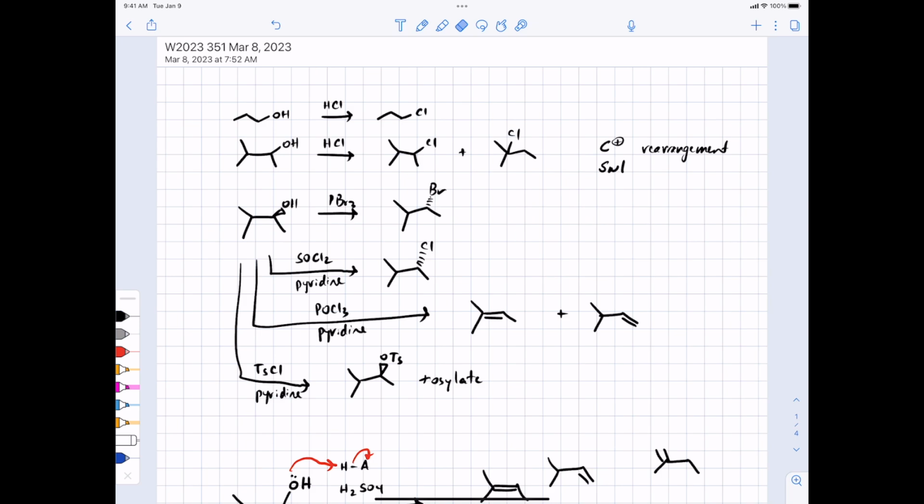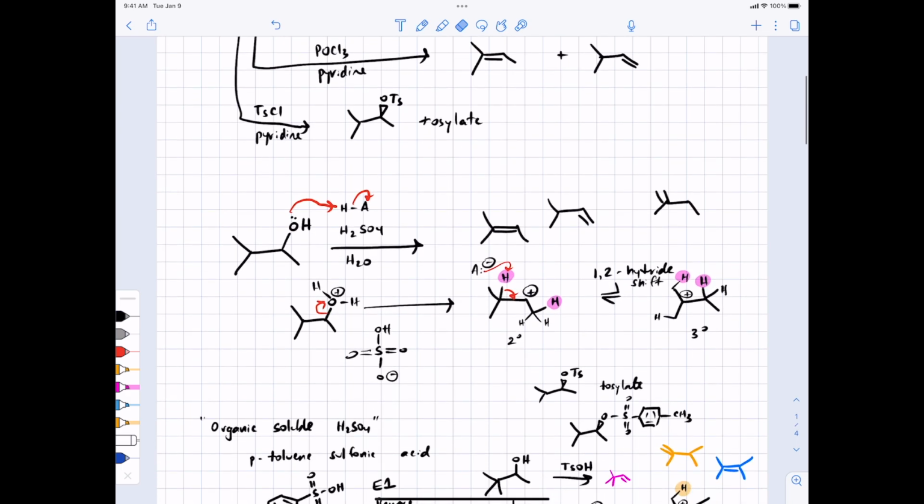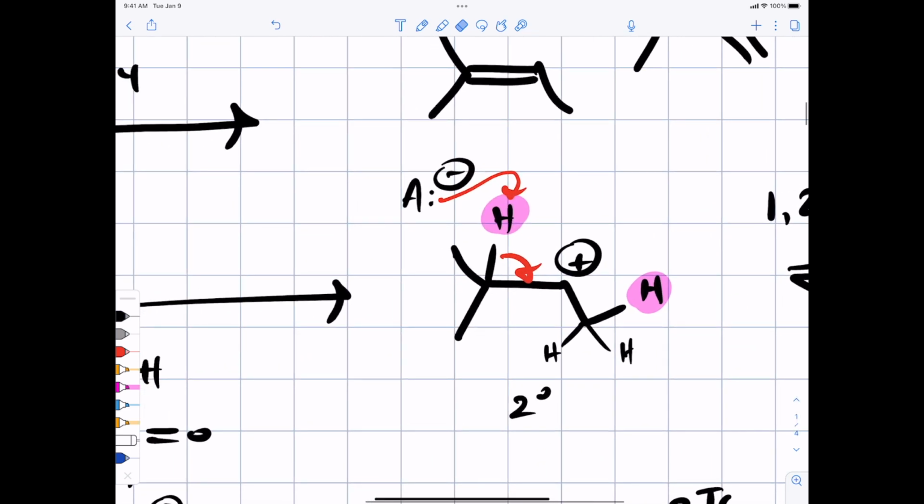I don't know. I mean, that's just an empirical observation. And I don't have a good reason for it other than to say that the thing that does the elimination is the conjugate base of a really strong acid.